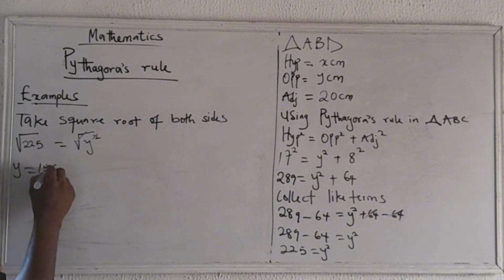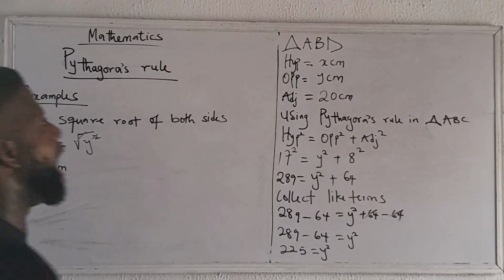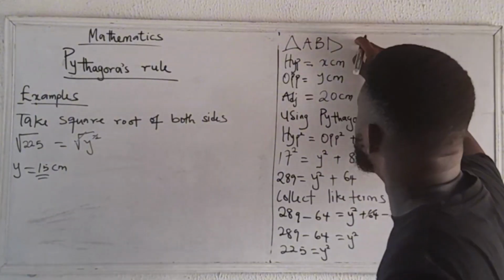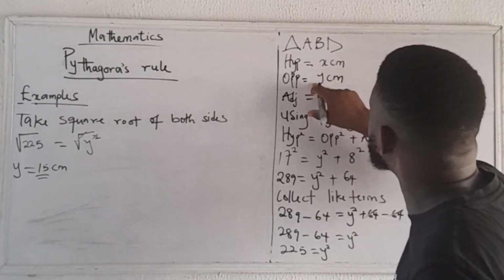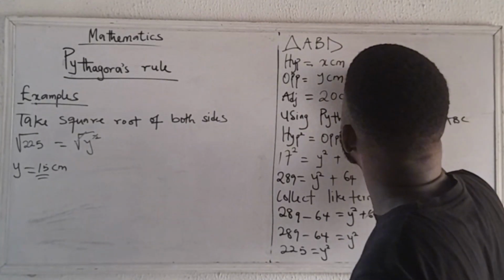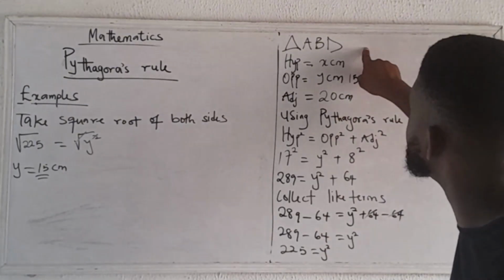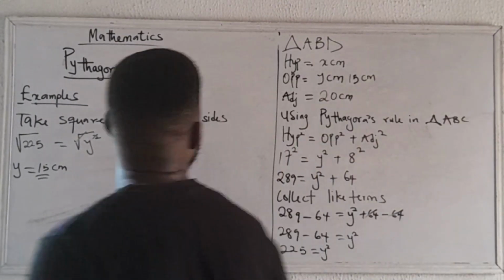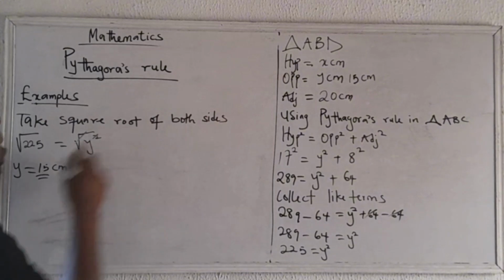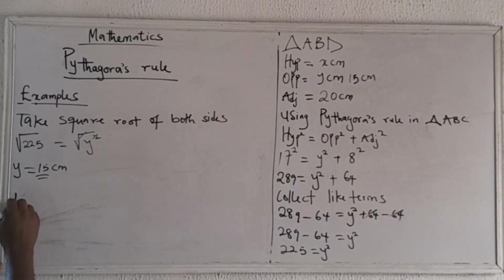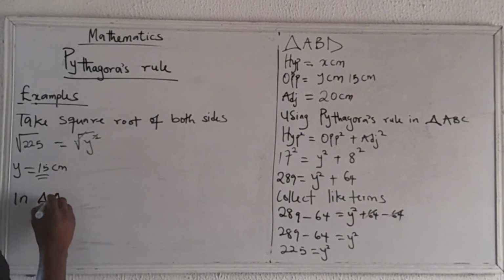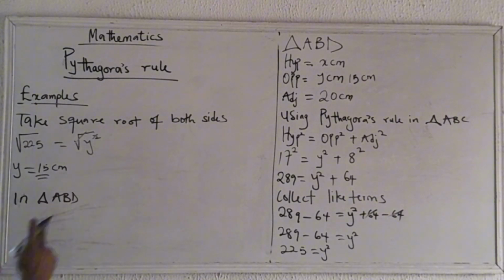So our y is what? 15 centimeter. Now in triangle ABD, we now know our opposite, which is y centimeter, to be 15 centimeter. So we can now find x, which is our hypotenuse, right? We say hypotenuse square, which is now in triangle ABD, right?